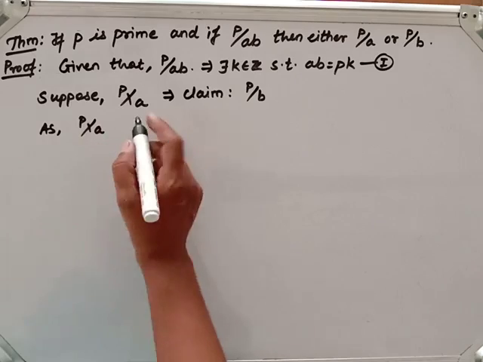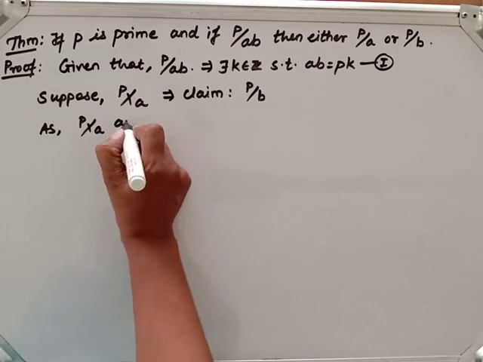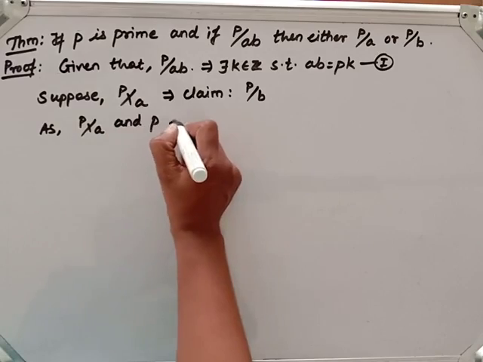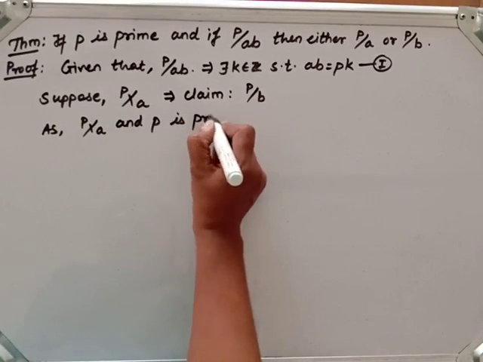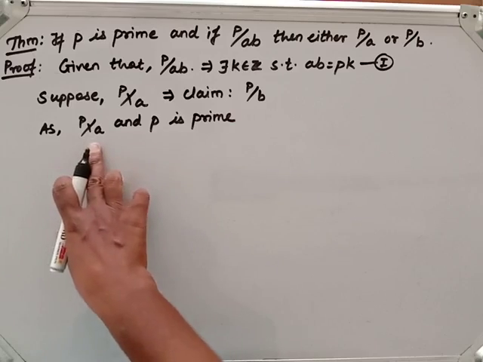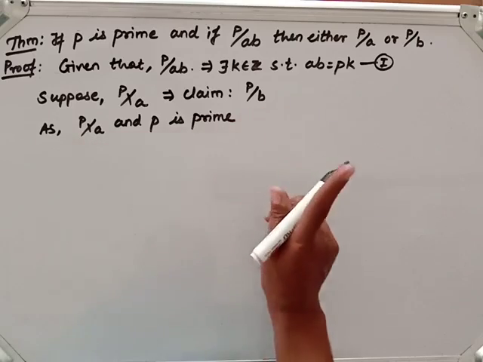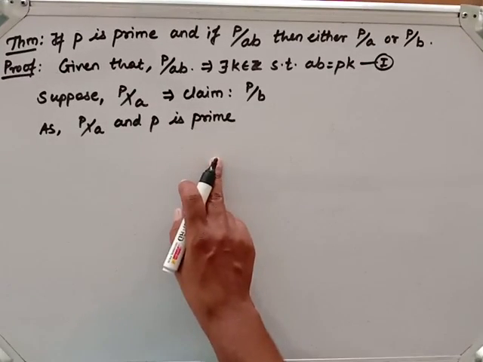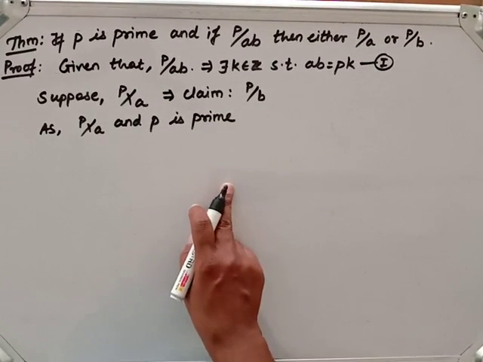Now as P doesn't divide A, we have written a note. From that note, P is a prime and P doesn't divide A, so the GCD of P and A should be 1. I have given an example there of 3 and 4 also.